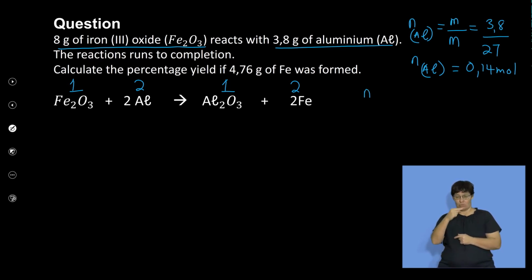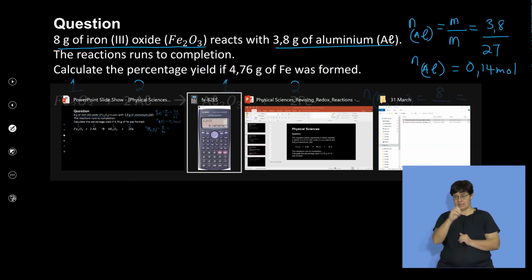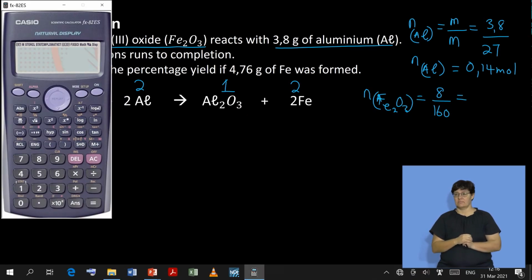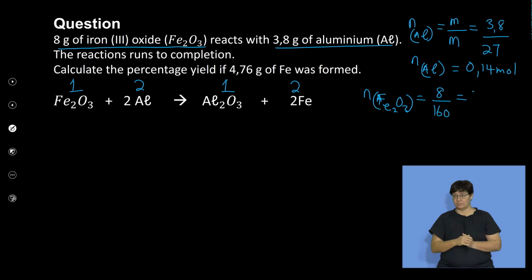Moles of iron 3 oxide present is equal to mass of the sample, which is 8 grams, divided by 160, which you get from the periodic table. So how many moles is that? If we calculate that, we've got 8 divided by 160. This actually gives us 0.05 moles.